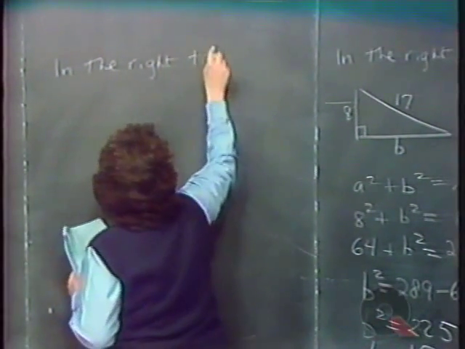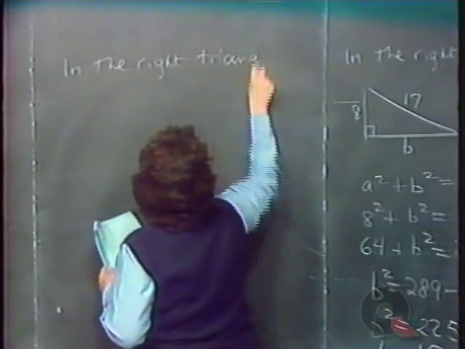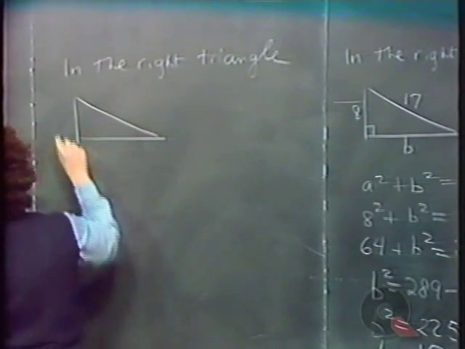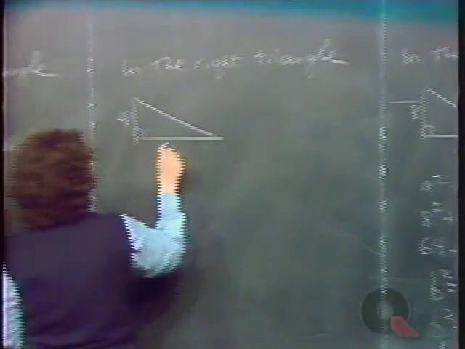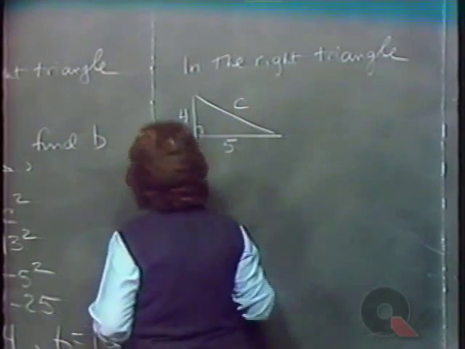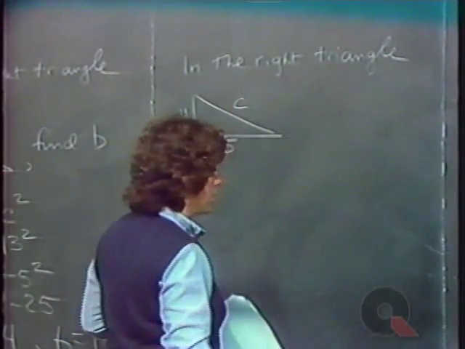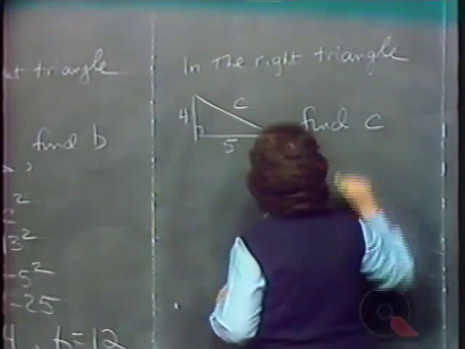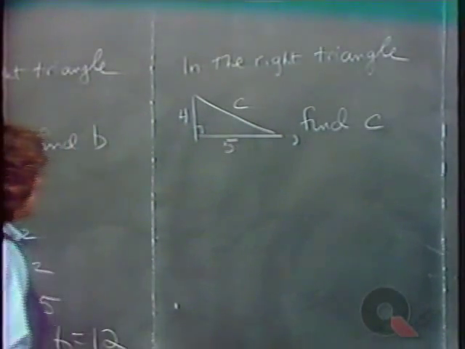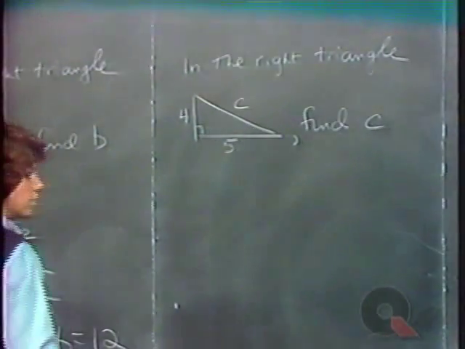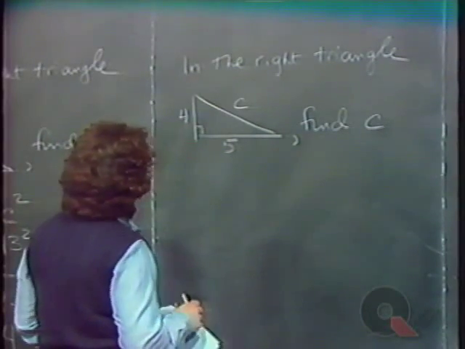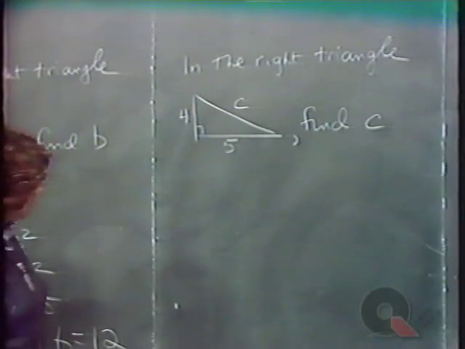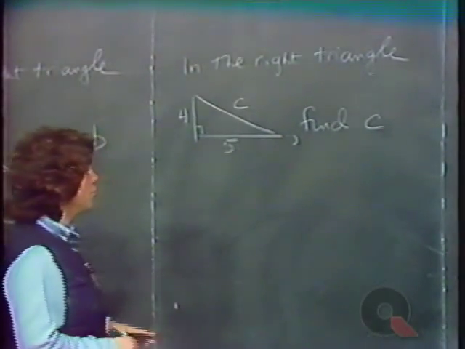In the right triangle, we have here a 4, a 5, and let's call that C. Find C. Okay, now I know many of you have heard the expression a 3, 4, 5 right triangle, but that would have to mean, well, the hypotenuse is always the longest side in the triangle.